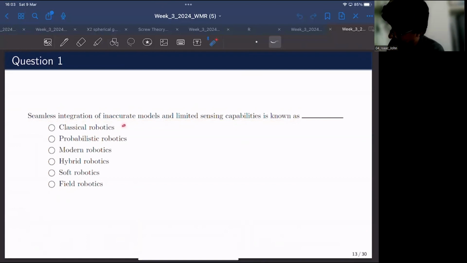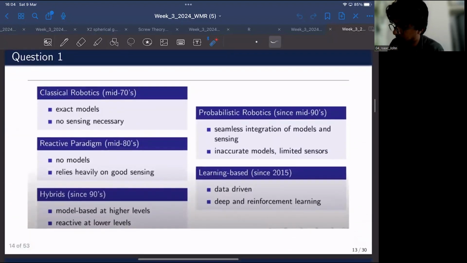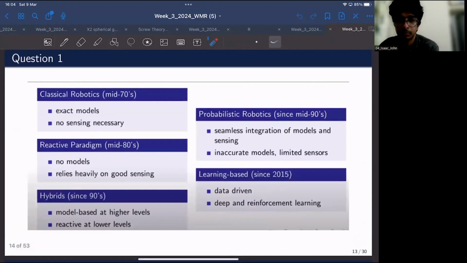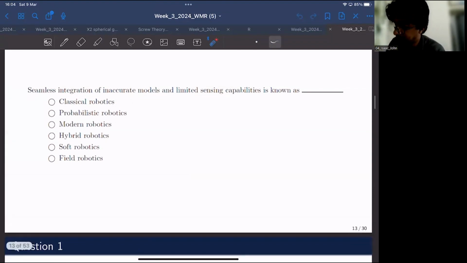We are given different paradigms: classical robot paradigm, probabilistic paradigm, modern robots, hybrid robots. We have covered this in the previous slide. If you want, I can recall all these paradigms and the evolution of how motion controllers are deployed. The statement says the seamless integration of inaccurate models and limited sensing, which is more or less what we are dealing with these days.